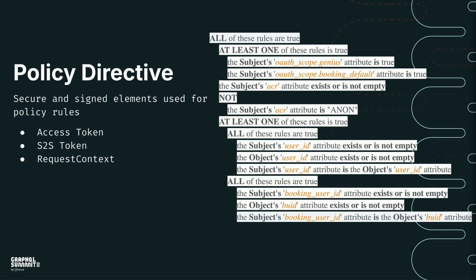Coming up to the data-level access controls, which are more granular, we are using a policy directive, which is a powerful concept provided by the Federation spec and the Apollo Router. It is fully supported.